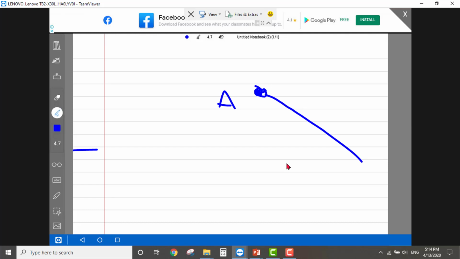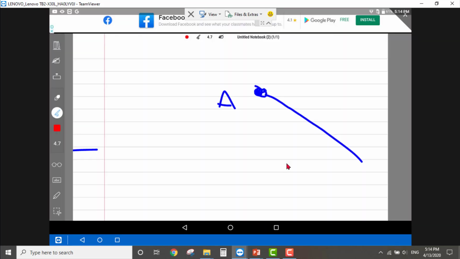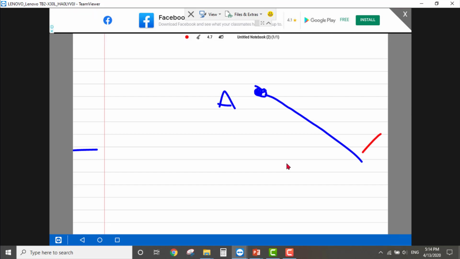We have a force at the end of this bar, force B. We have spring force in this direction, F spring. We have weight exactly at the middle. I can even name this point as G. So here we have weight.